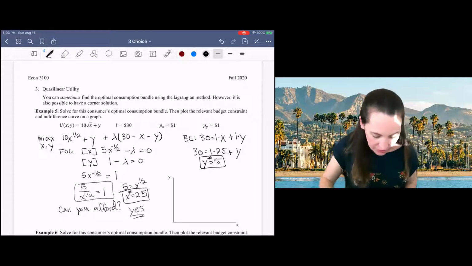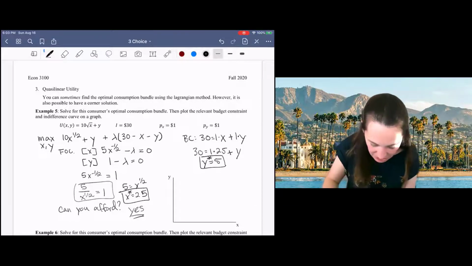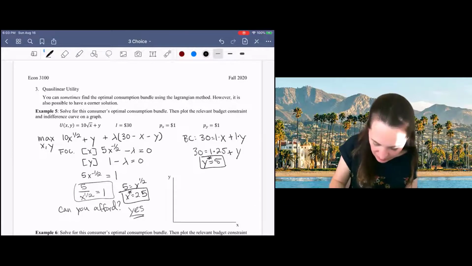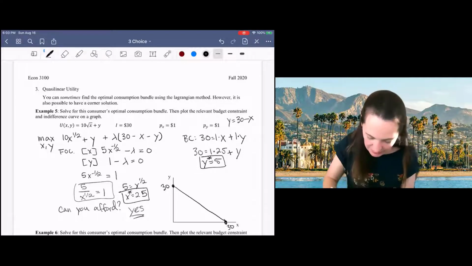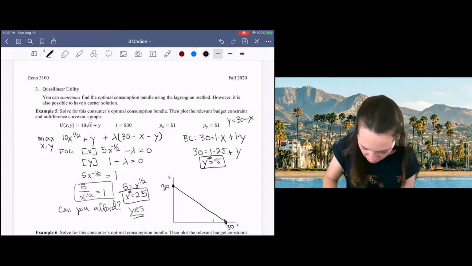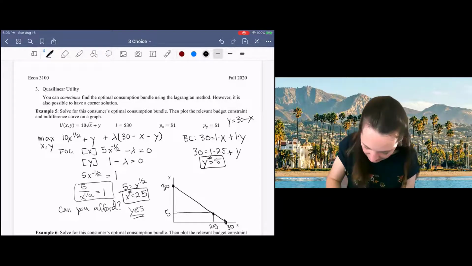To show that on our graph, we can plot the budget constraint. So here, if I rearrange this budget constraint, I'm just going to get y equals 30 minus x. So my budget constraint goes from 30 to 30. And then I've got 25 units of x and 5 units of y.